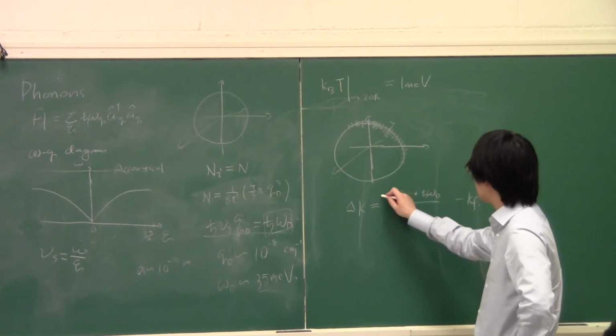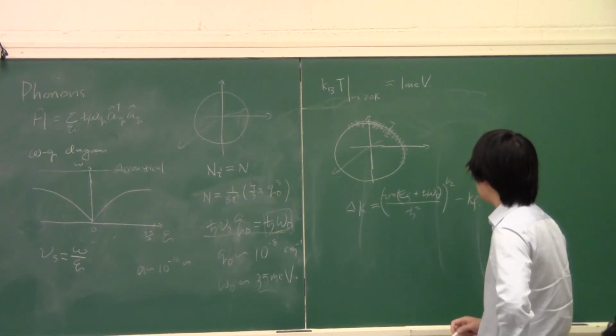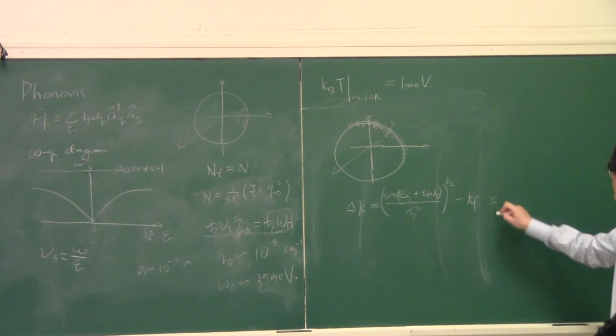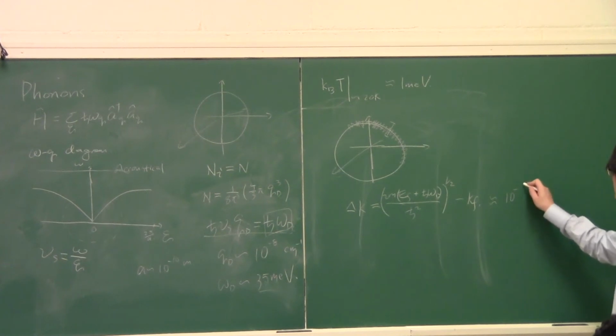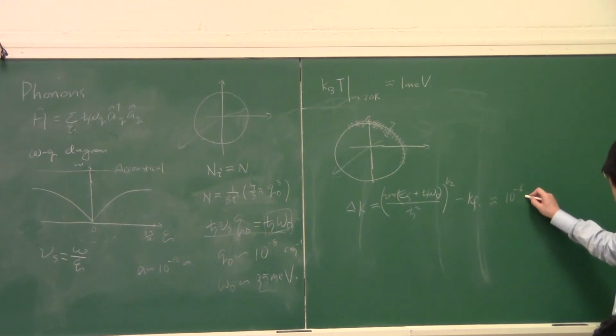So this is 2m over h bar squared, to the power 1/2. And we find that this value is roughly equal to 10 to the minus 6 inverse meters.